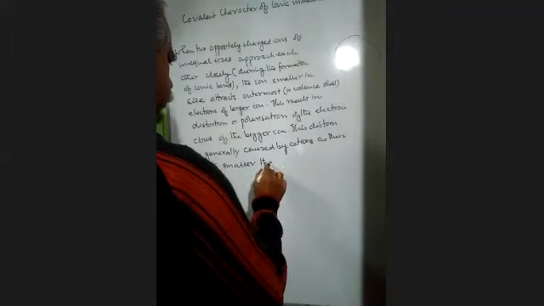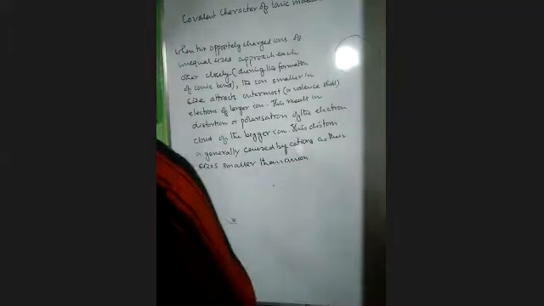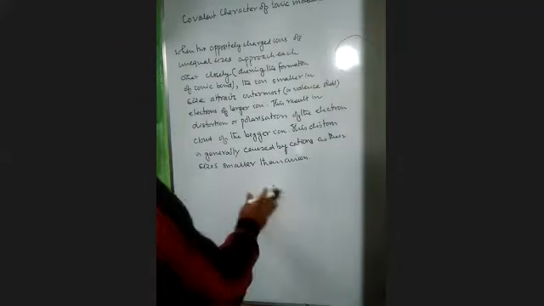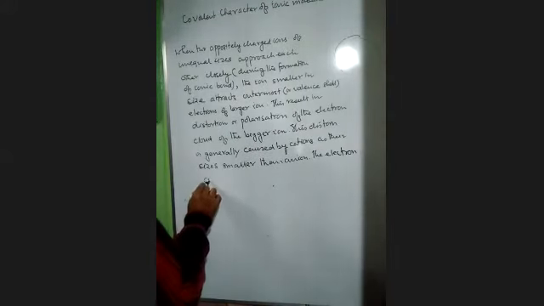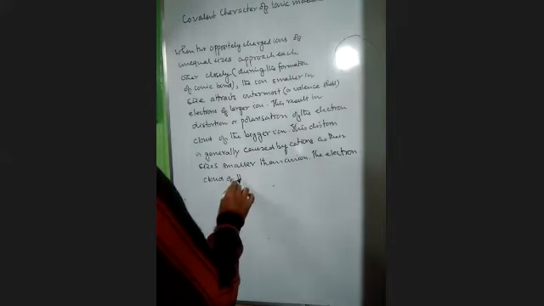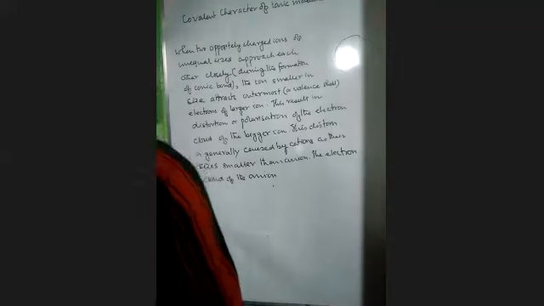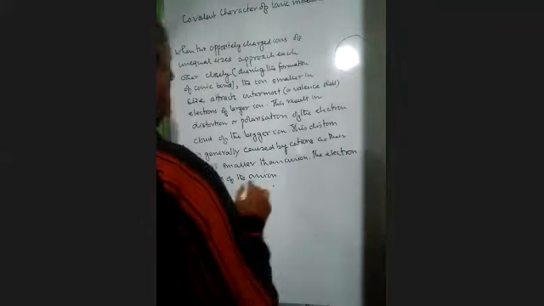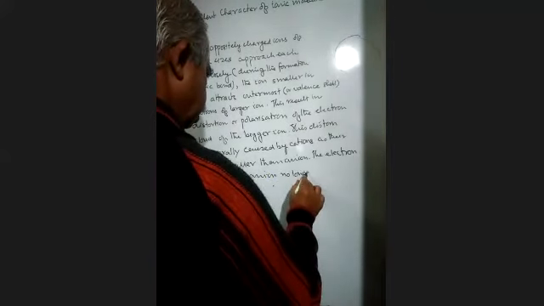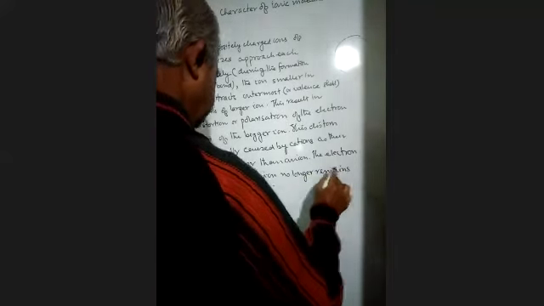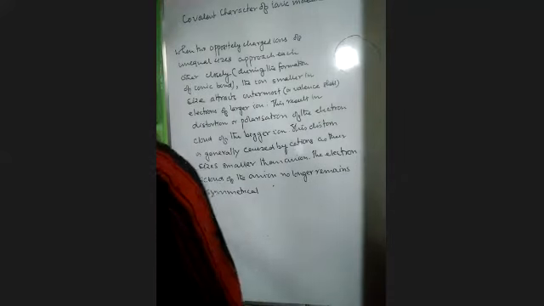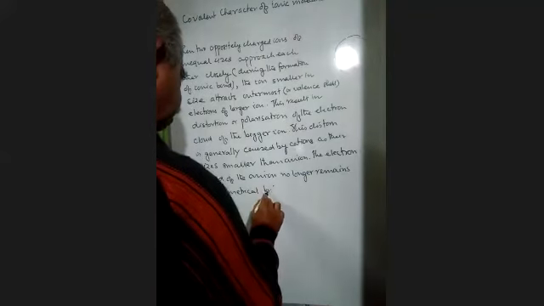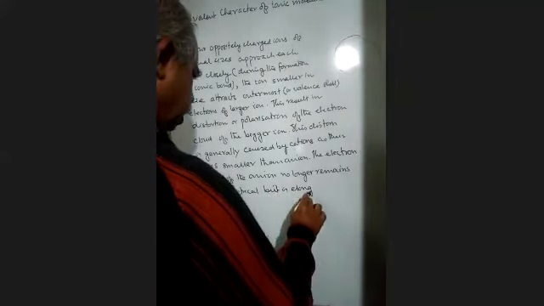Then the electron cloud of the anion no longer remains symmetrical, but is elongated.